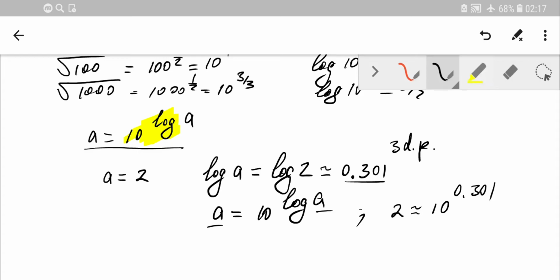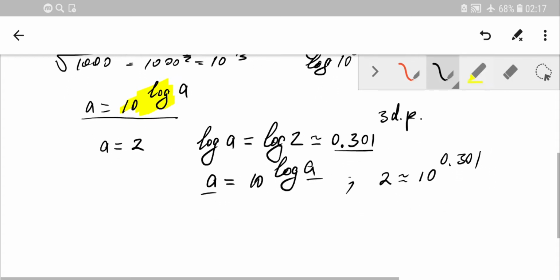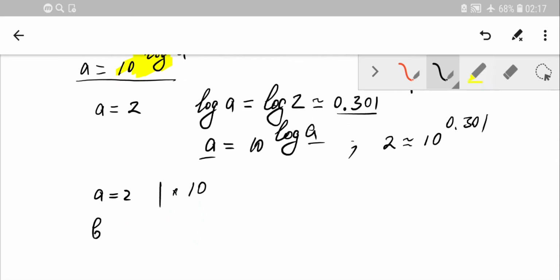Okay, so what if we take a number and multiply by 10? So we take a, which is 2, and then we multiply both sides by 10. So we've got another number, let's say b, which is equal to 20, or simply 10 times a. What if we apply the same property and try to calculate log of 20?